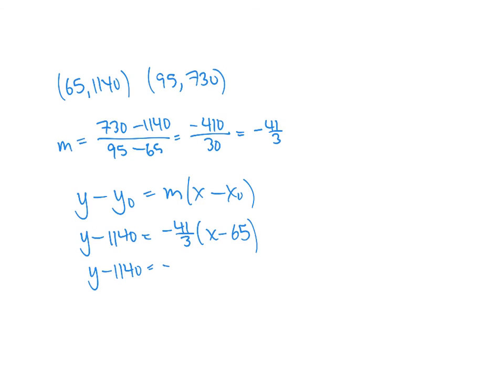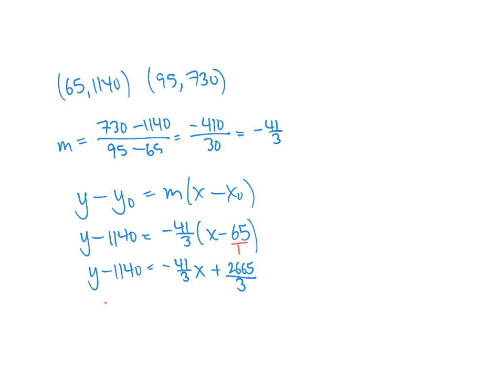So I'm going to distribute on the right-hand side. I get negative 41 over 3x. Minus times a minus is a plus. And when I multiply 65 times 41 over 3, you can think of 65 as 65 over 1 if you like. 65 times 41 turns out to be 2665, so that's 2665 over 3.